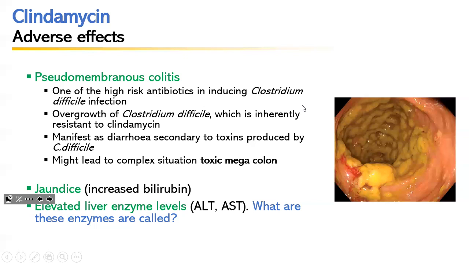You're going to get your lectures on quinolones soon; someone from our colleagues will be delivering that. Moxifloxacin, especially, is among the agents really associated with the development of Clostridium difficile infections.